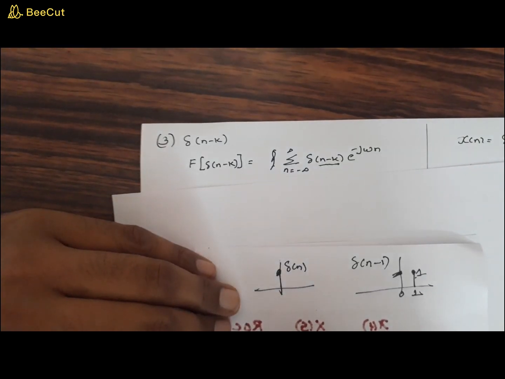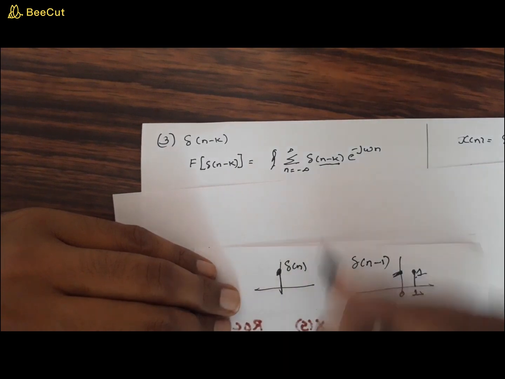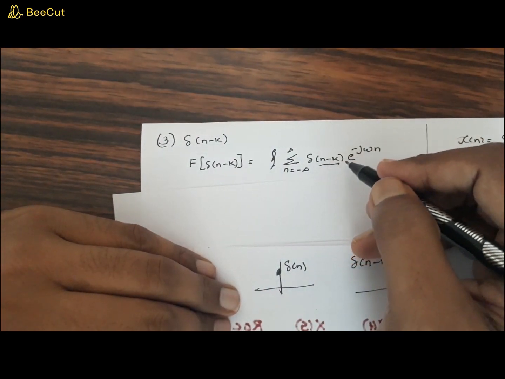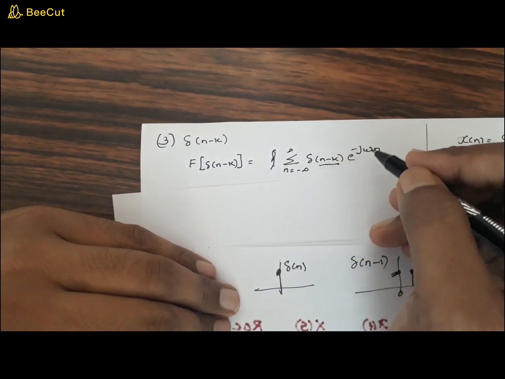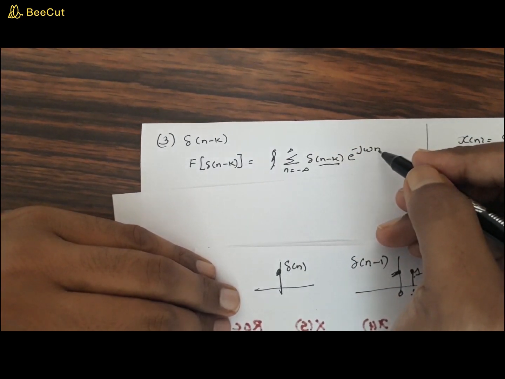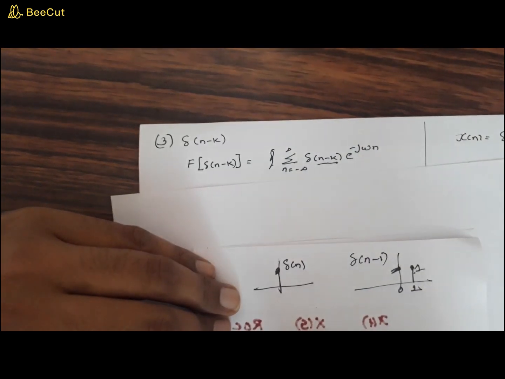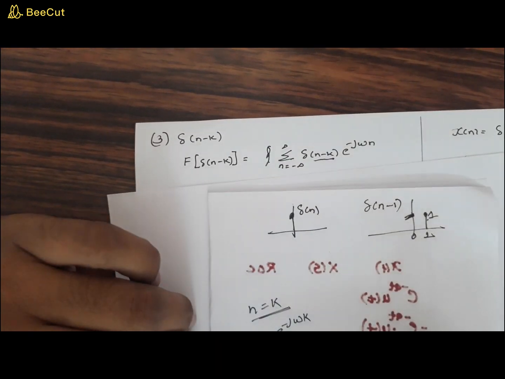That is at n equal to k. At n equal to k, this signal becomes 1, because it becomes del of 0, and del of 0 is 1. Since n also becomes k, the function will be e raised to minus j omega k.